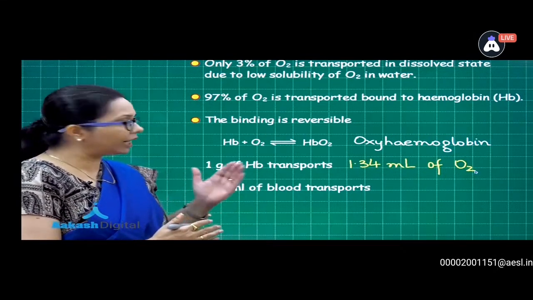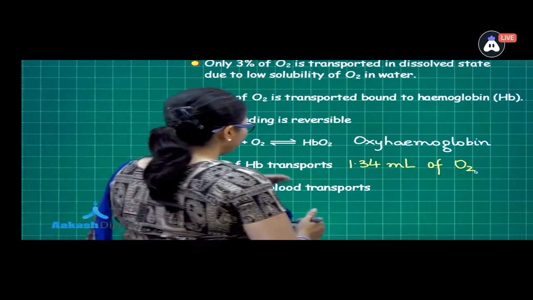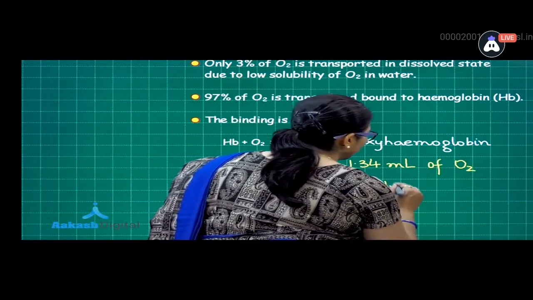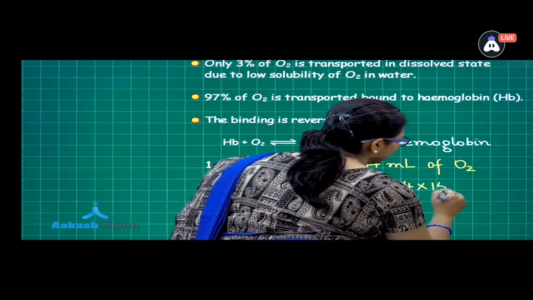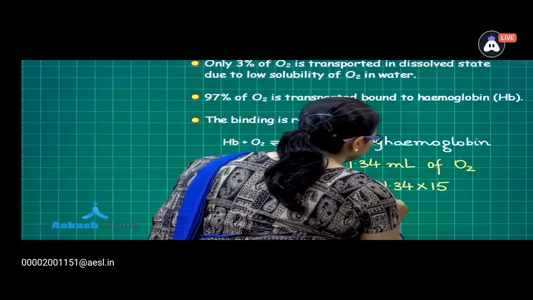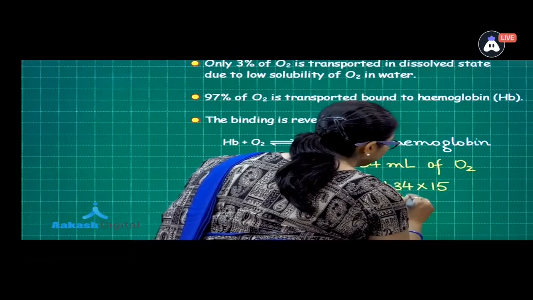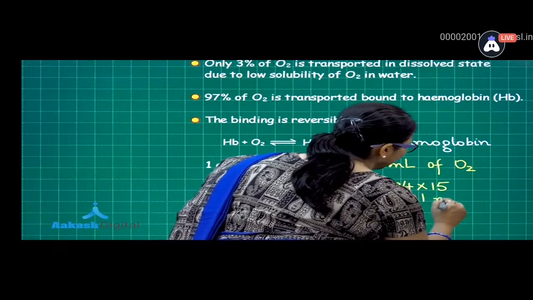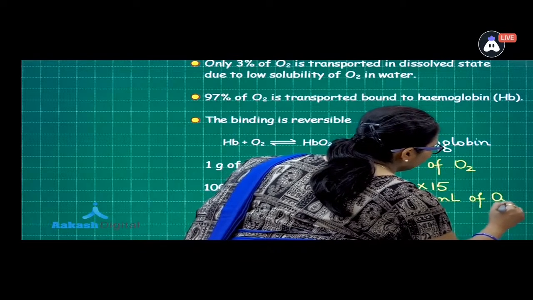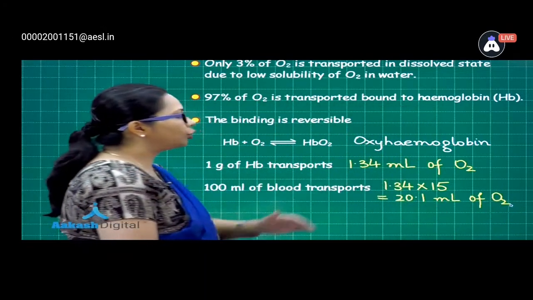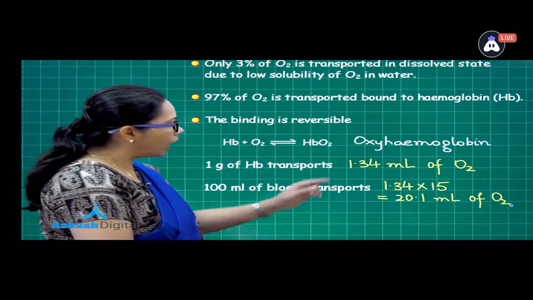So on an average we can take 15 grams. So 100 ml of blood would be transporting 1.34 into 15, and this will give us around 20.1 ml of oxygen. So our 100 ml of blood would be transporting 20.1 ml of O2.